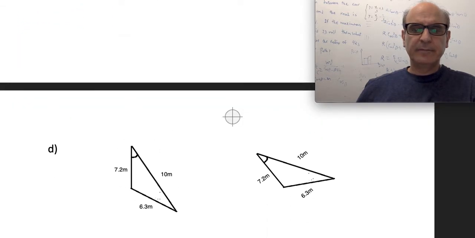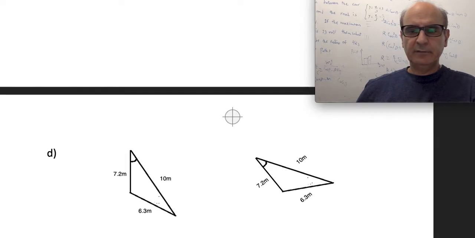Next one. Are these triangles congruent? Well, this side is 7.2, this side is 7.2. So we have one pair of equal sides. This side is 10 meters, this side is 10 meters. We have another pair of equal sides. And 6.3 and 6.3, you got another pair of equal sides.